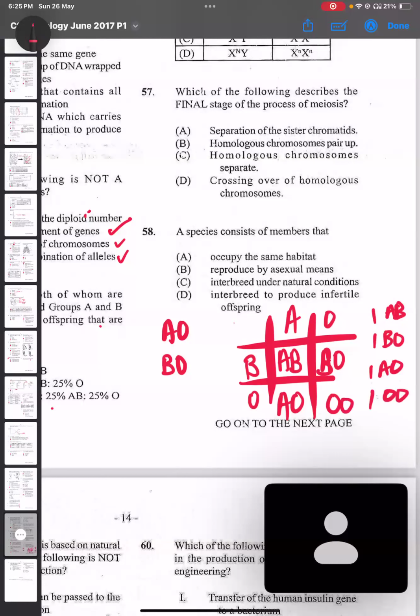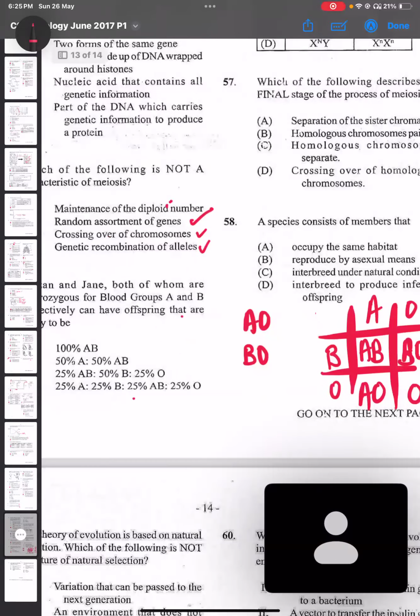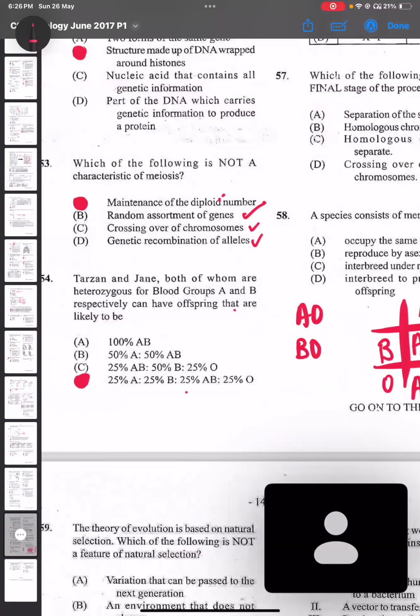So that's why I said each of them would have a 25% chance, because it is 1 in 4, and that is 25. So that's why the answer for 54 is D, because that is how the blood groups work.